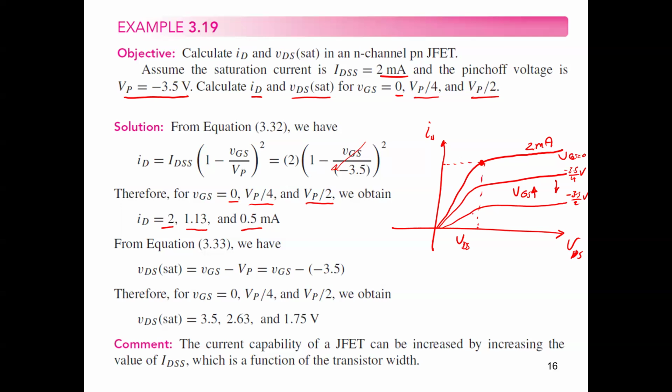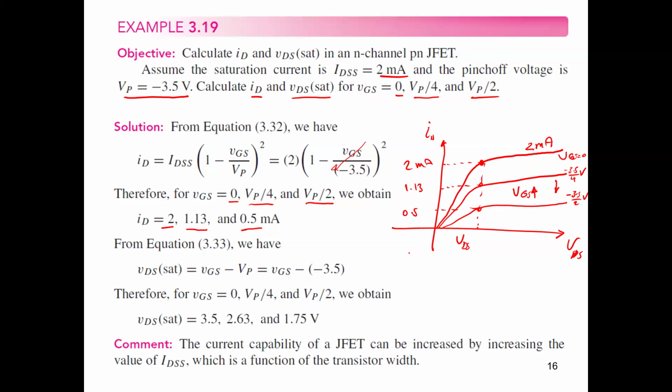These are the different values of the currents we got: 0.5 milliampere, 1.13 milliampere, and 2 milliamperes, for these three cases.